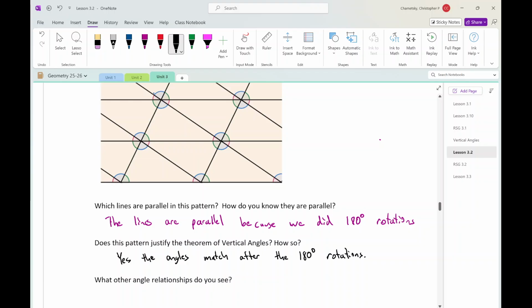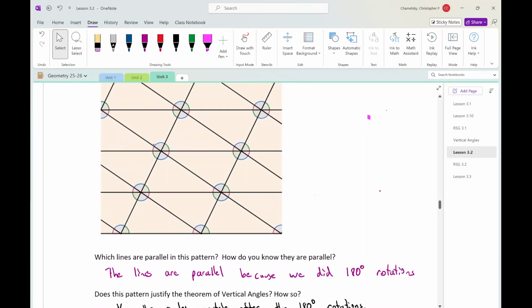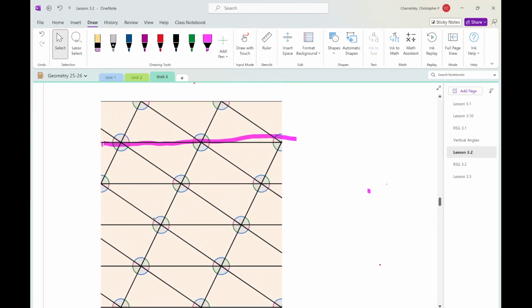All right, what other angle relationships do we see? So there's lots of things. We see these repeating patterns, and especially along these parallel lines.